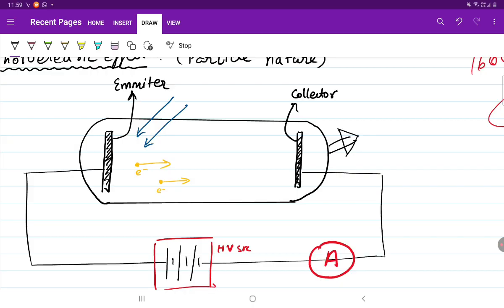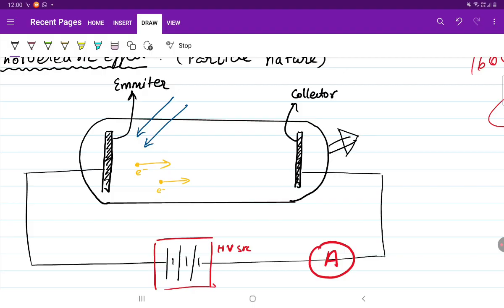On the emitter plate we shine light. The light will strike an electron on the metal surface and excite it by giving it some kinetic energy. The electron will then move towards the other plate, named the collector, due to its kinetic energy.